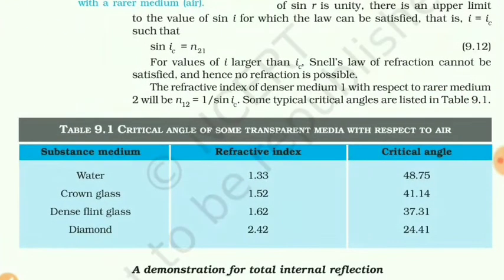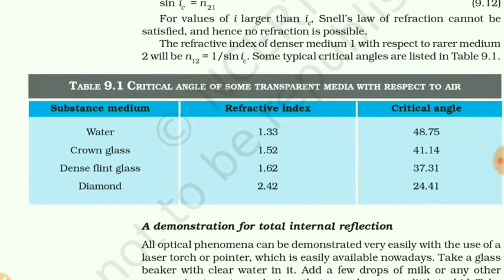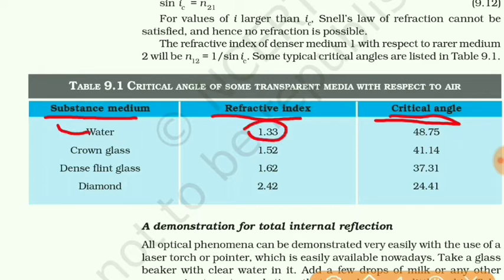Now students, in this table the refractive indices of different mediums or substances are given, as well as their critical angles. You can see for water the refractive index is 1.33 and the critical angle is 48.75.